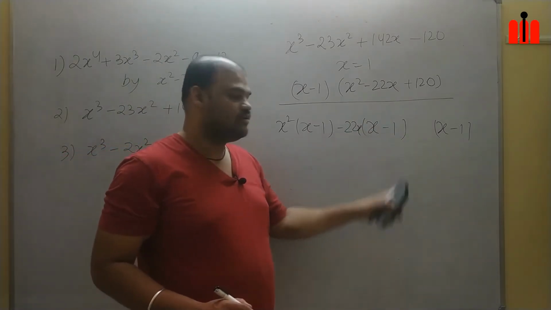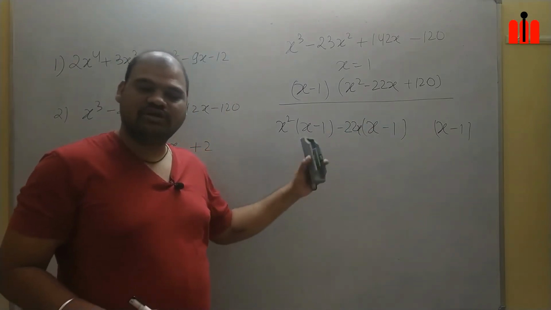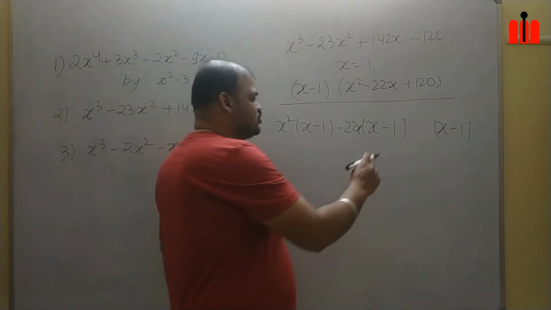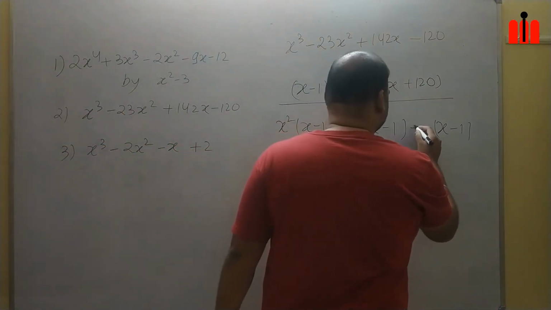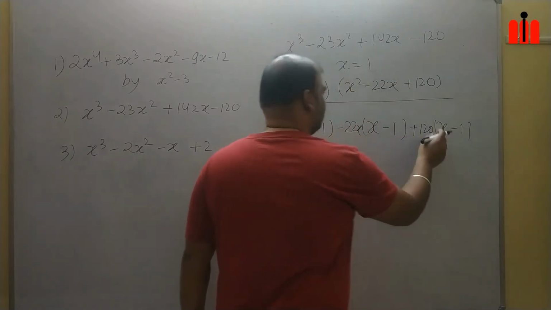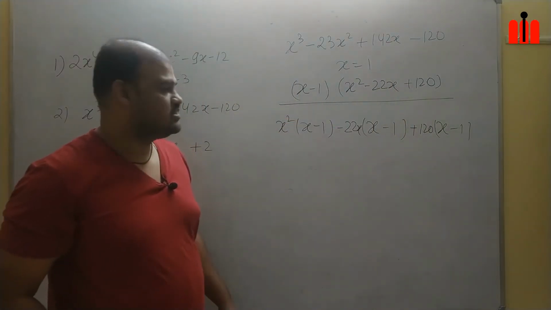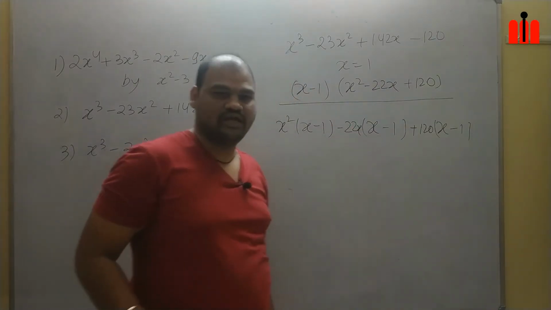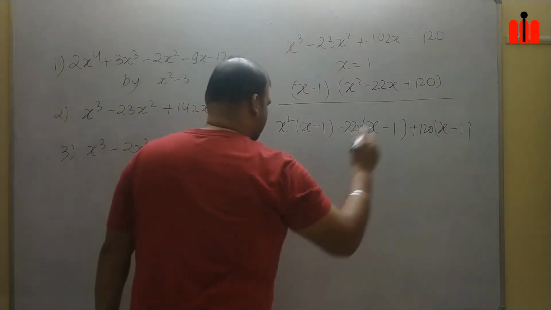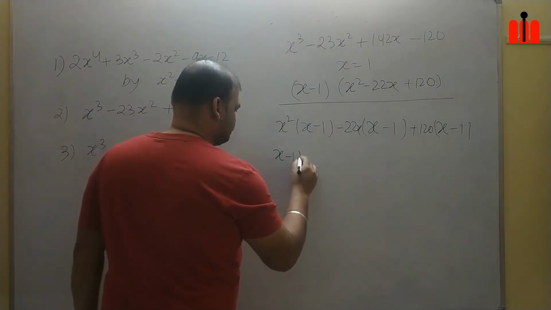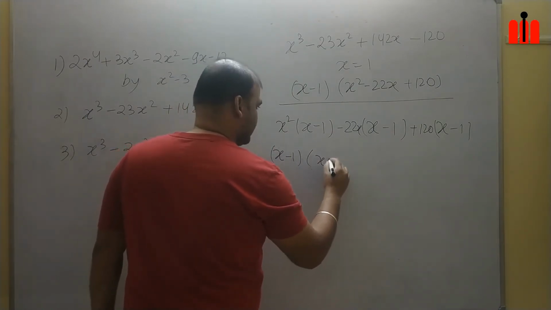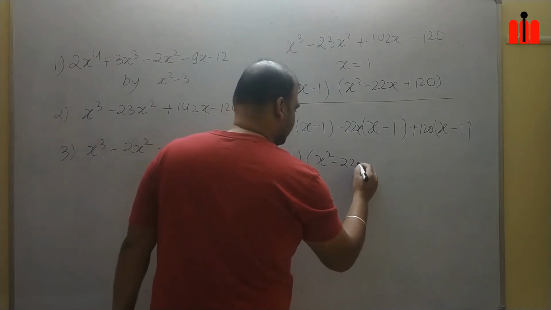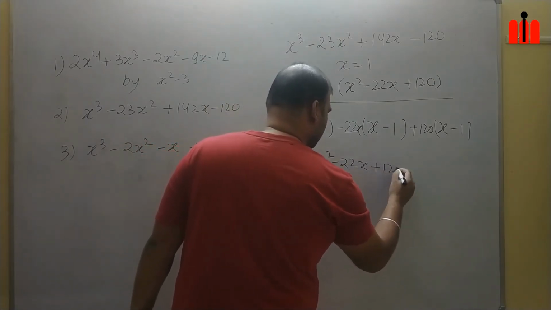Minus 22 plus 1, minus 1, so it will become plus 22. So plus 22 plus 120 will give 142x. At last you will get minus 120, which is minus 120 here. So you take the entire x minus 1 common now. So x minus 1, if you take common, you will get x square minus 22x plus 120.